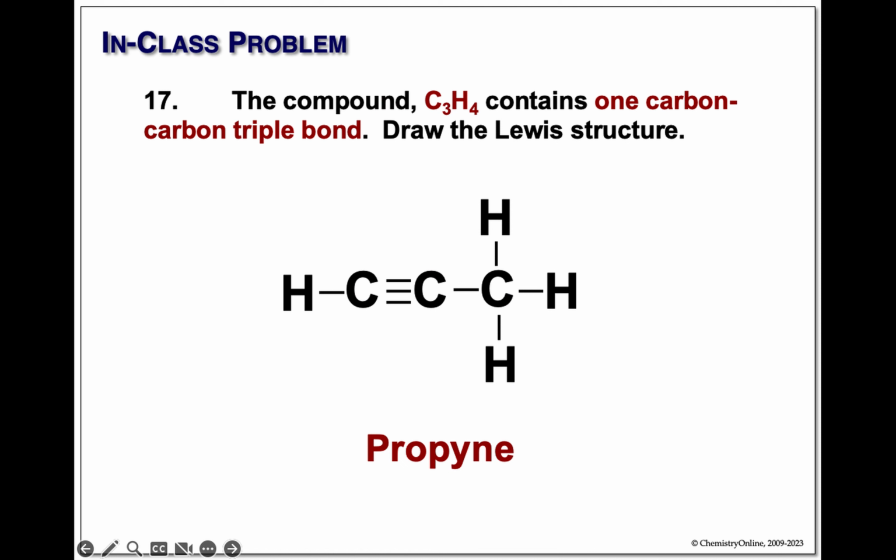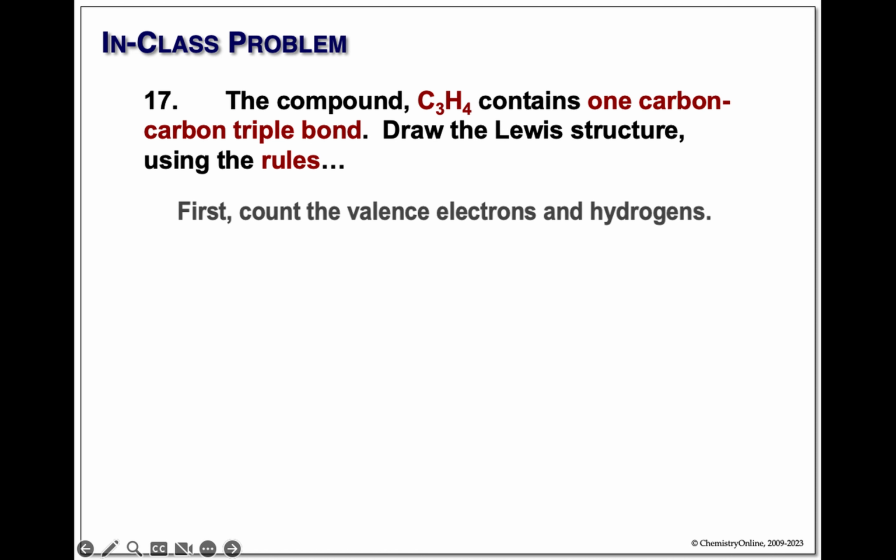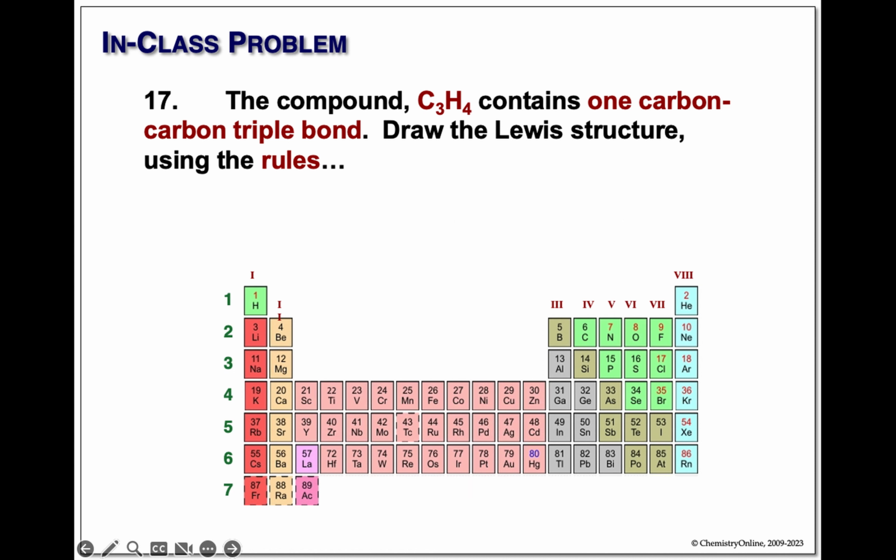Now that's freestyle. Let's do it again by the rules. Rule number 1, count valence electrons and hydrogens. Carbons here, hydrogens there. We have 4 valence electrons on each of the 3 carbons. So that's 12, plus 4 more is 16.